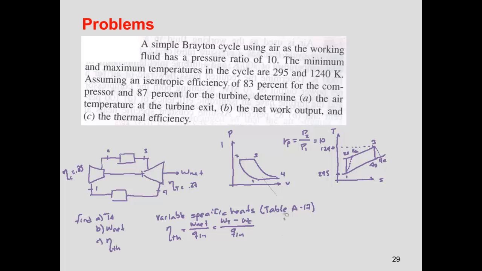So work of my turbine will be H3 minus H4 actual, and work of my compressor will be H2 actual minus H1. Q in will be H3 minus H2 actual. All this comes from first law analysis for open systems.